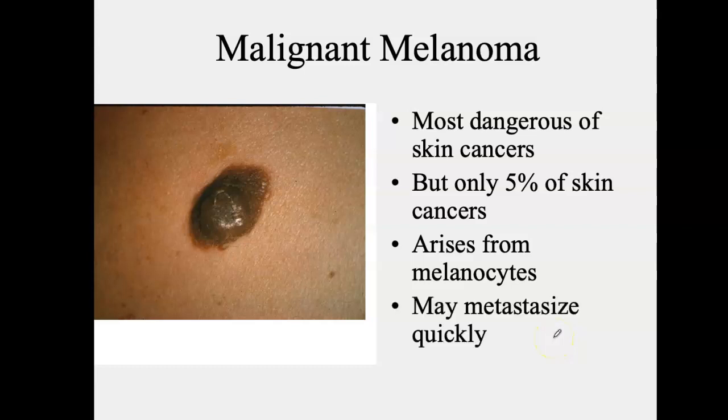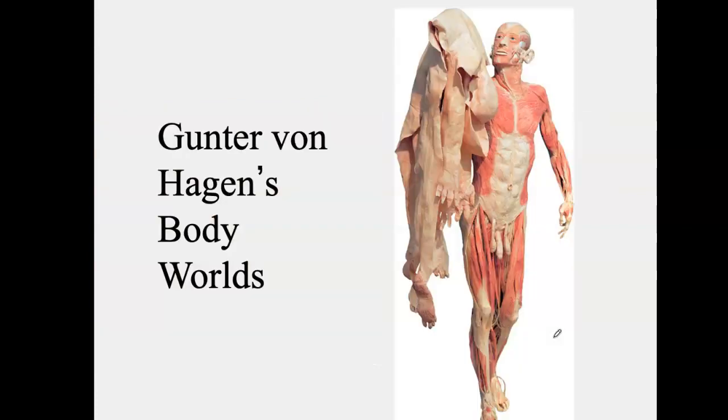And they may metastasize quickly, which means some of these cells may end up in circulation, and they can either move around through blood or through lymph and end up in a different part of the body and then start doing this terrible trick, which is to over-reproduce and make too many cells, forming a growth. Okay, so that's the introduction of these cancers, and now we're going to go look at the cells themselves.